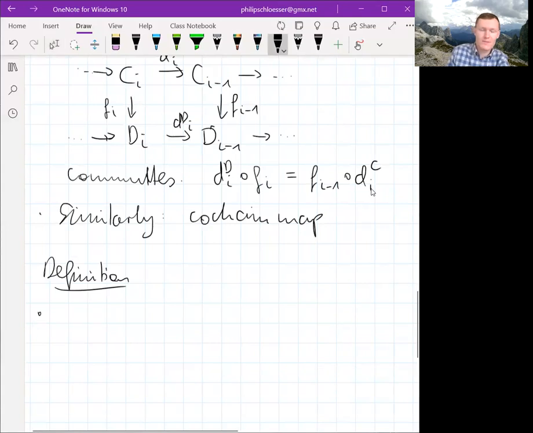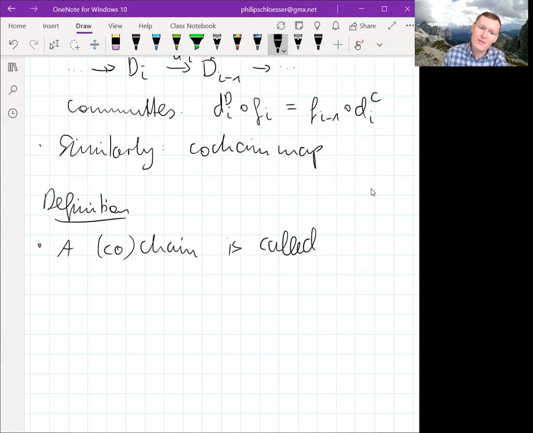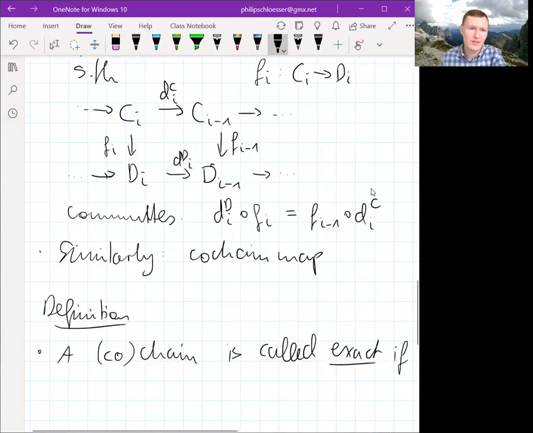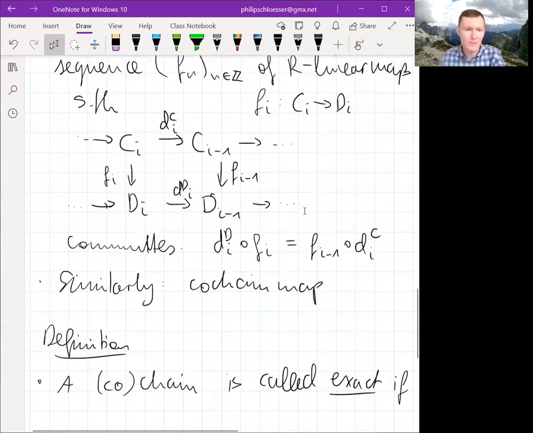So if we have a cochain complex or a chain complex, we call it exact if, basically, if we look at this picture, what we see should just be an exact sequence.